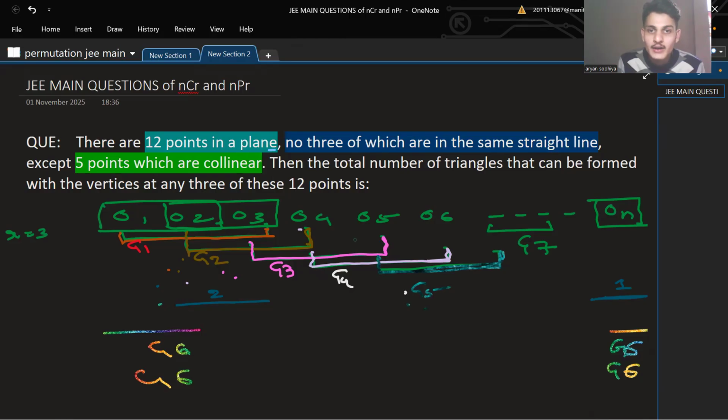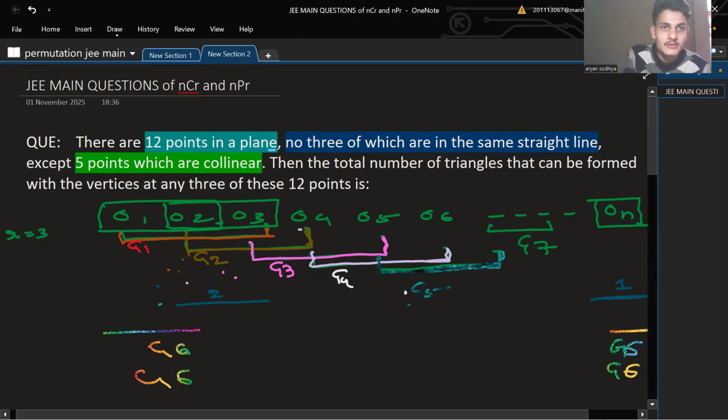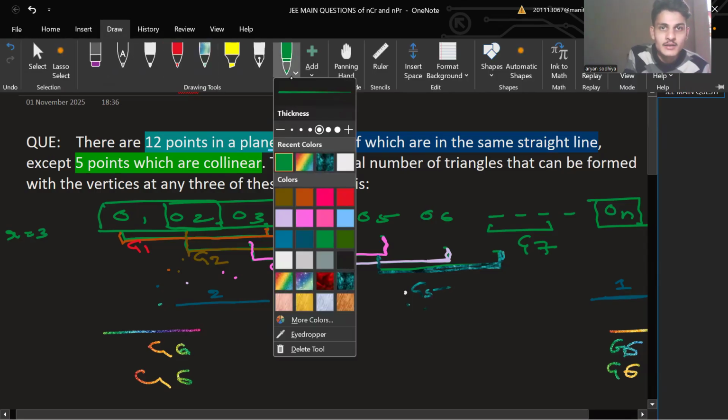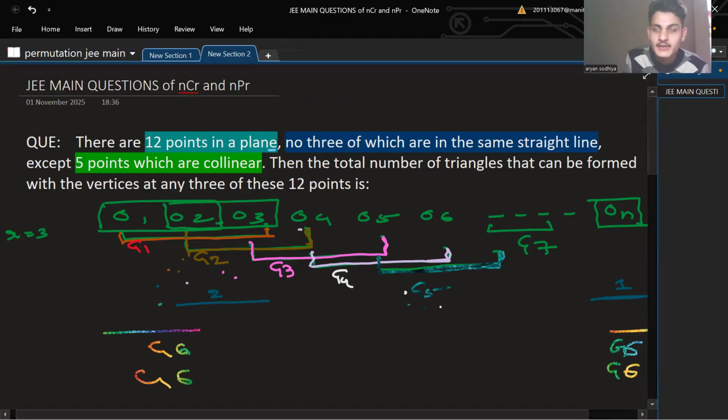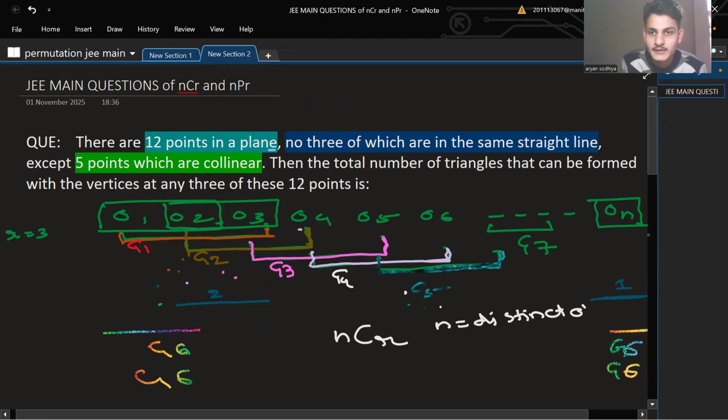To simplify the complications of finding the number of groups, we use the formula nCr, where n is the total number of distinct objects and r is the size of the group.